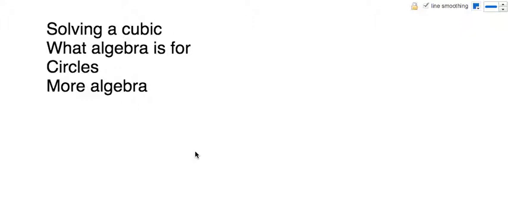So either the line's going to cross in two places, like we had with the cup and the pen, or it's going to cross in one place, so it's going to touch it, which is tangent to the curve, or it's not going to touch it at all. So those three situations are two solutions, one solution, or no solutions. And that's very reminiscent of quadratics, because there are three kinds of quadratic. Either there are two solutions, one solution, or none.